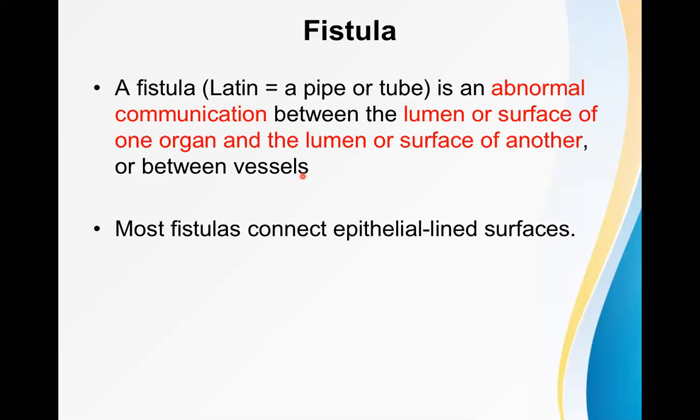AV fistula is a very commonly used term. Most fistulas connect epithelial lined surfaces, either the outer part of the skin to the lumen of the intestine, or something like that. There are so many different examples you can take.